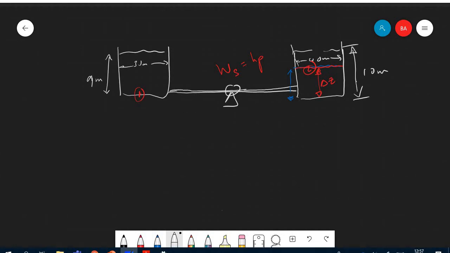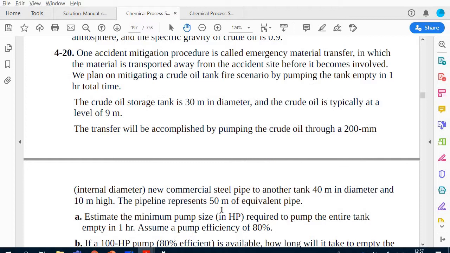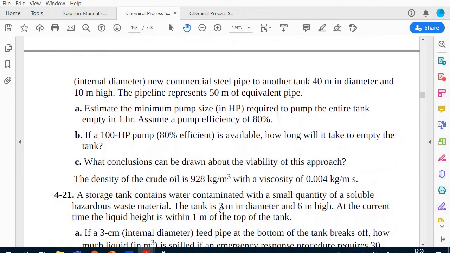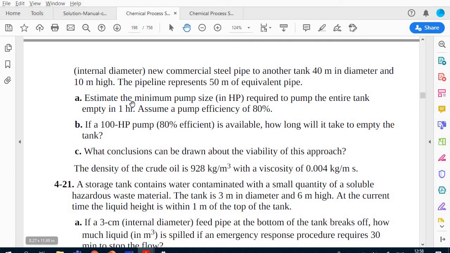I put that in red: about 50 meters, and the internal diameter for this pipe is 200 millimeters, which is about 0.2 meters, right? So this is what I have. The first question is asking me to estimate the minimum pump size. So I want the horsepower of that pump to empty everything in 1 hour.